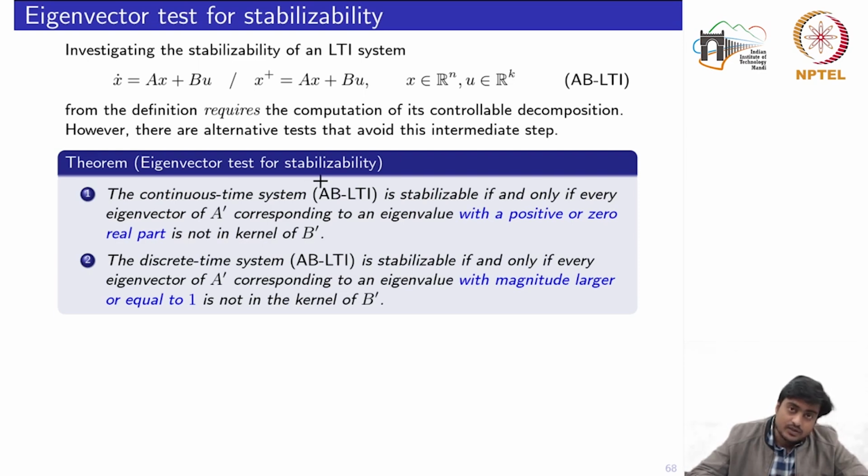But when we are testing for the stabilizability, we need to ensure that the eigenvector corresponding to only unstable eigenvalues is not in the kernel of B transpose. Okay. Similarly, for the discrete time system, the condition of unstable eigenvalues would turn into the eigenvalue with magnitude larger than or equal to 1, which are outside or on the boundary of the unit circle.